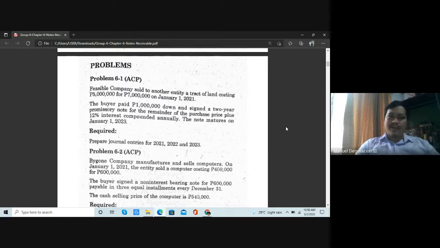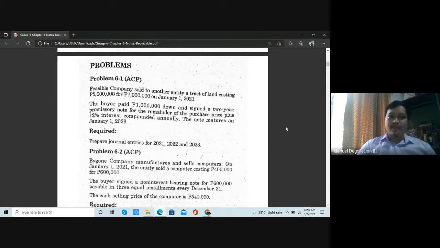Whereas the accounts receivable simply arises from the normal conduct of our operations. My point really is when we're dealing with notes receivable, it's possible that the collection period goes beyond your normal operating cycle because we are no longer collecting merely from our sales. We are already collecting from the commercial document that was given to us.